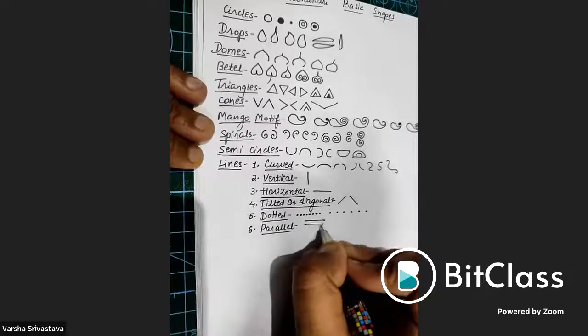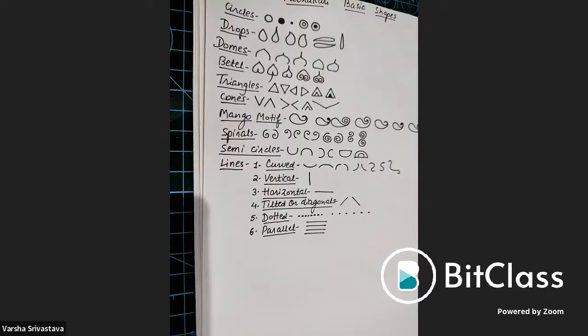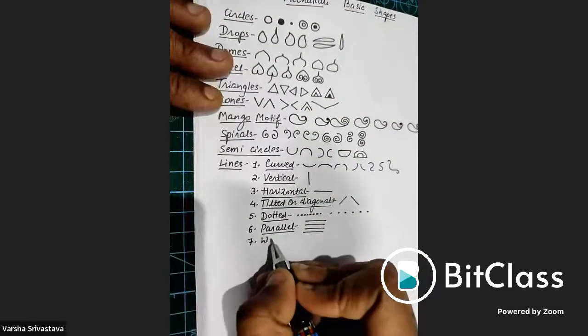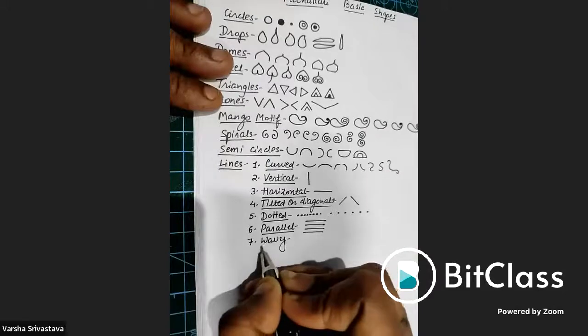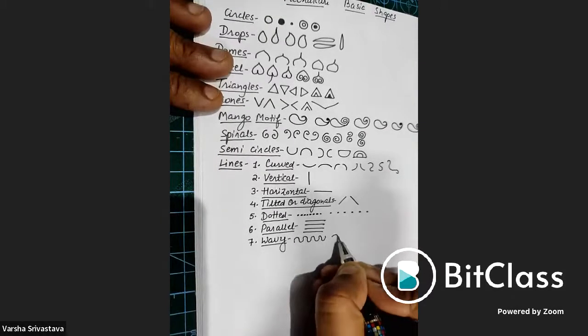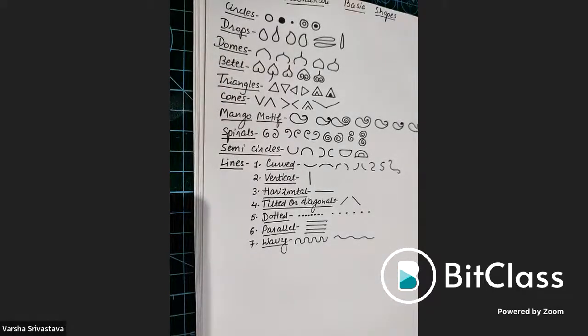So these are the lines which do not touch or intersect each other. And last one, we have the seventh lines, and those are the waves or the wavy lines. These are the high waves, and these are the low waves, high waves and low waves. We are done with the basic shapes.